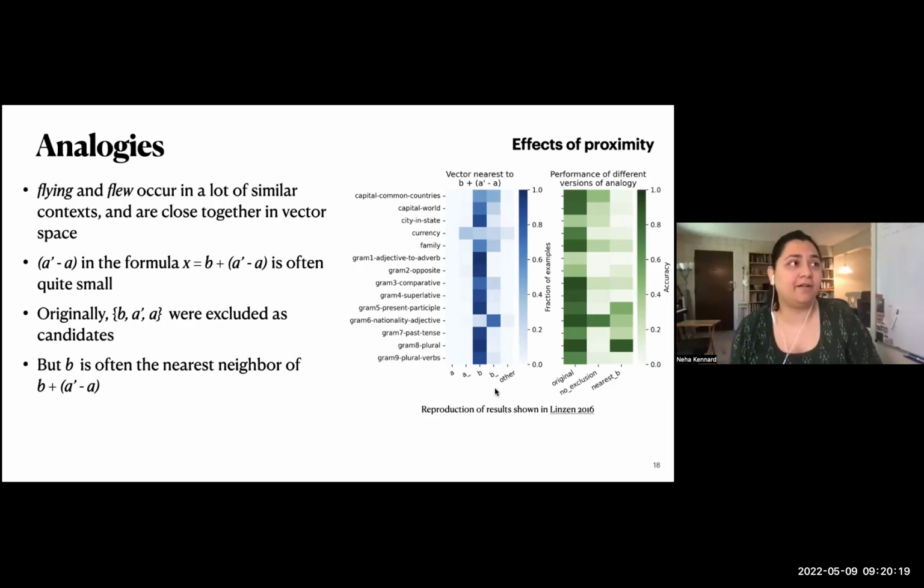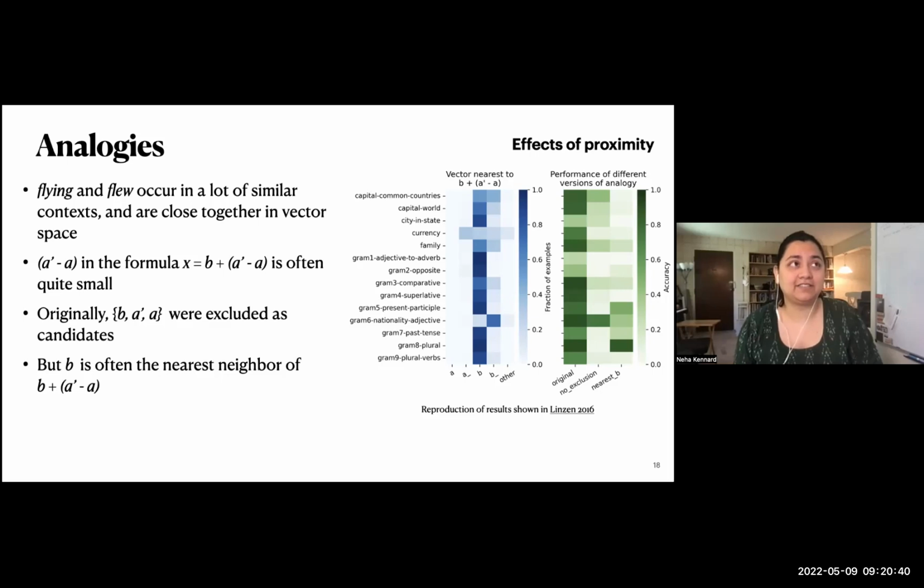But then the other thing you can look at is these are the scores if you score them the original way. But once you start including A, B, and A prime as possible wrong answers, suddenly your scores drop. The original score is here, and allowing these wrong answers, the scores are here.